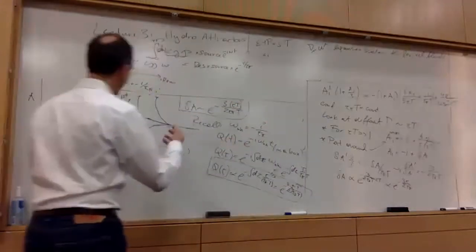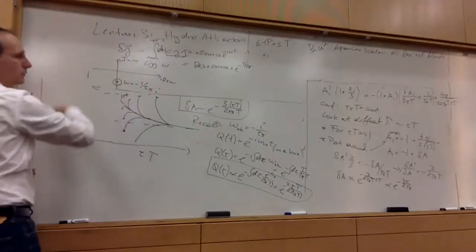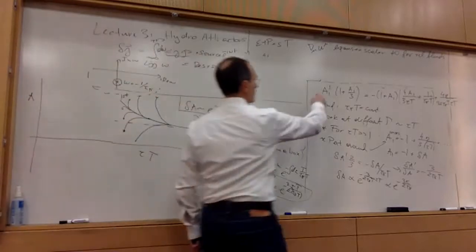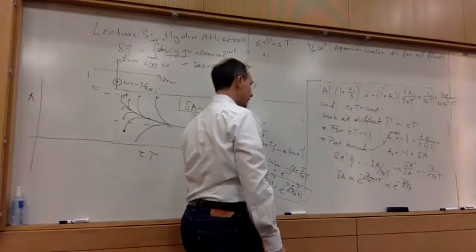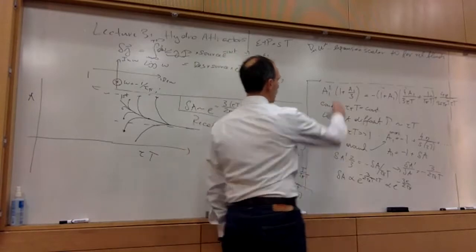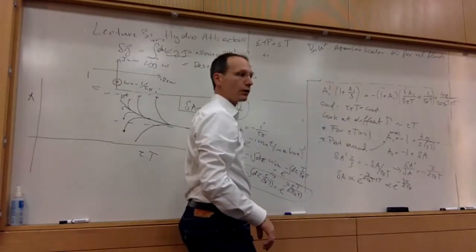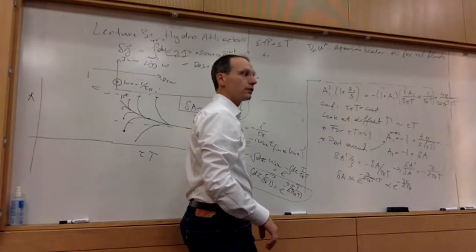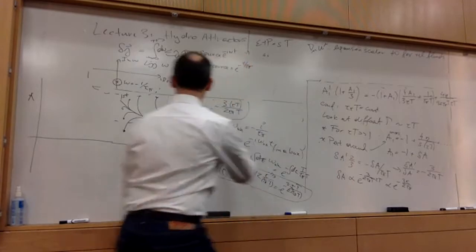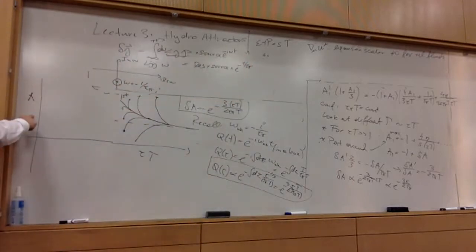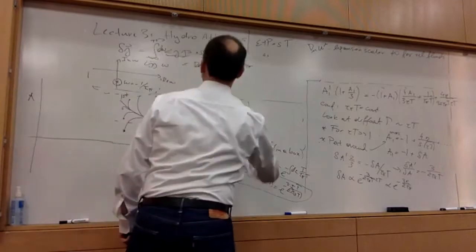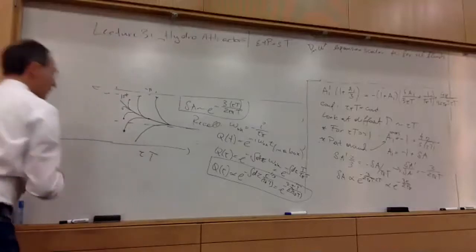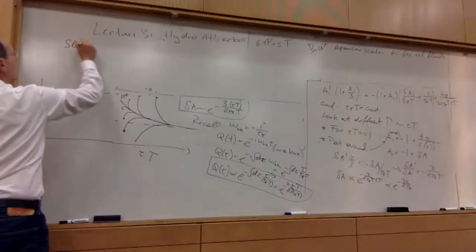If there was no attractor, this curve in principle goes either to infinity or to 0, does something very bad, in which case the derivative here would be very large. So let's try to solve this equation by doing a slow roll expansion of the system for very, very early times, so small tau t, which brings us all the way to the left of this diagram. So slow roll.